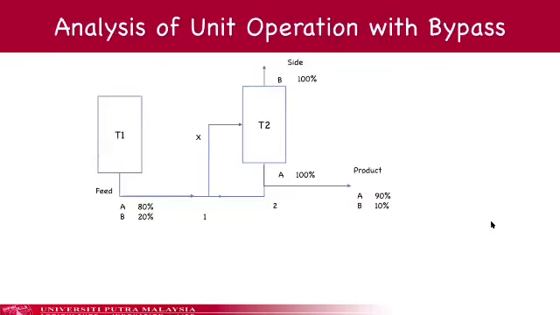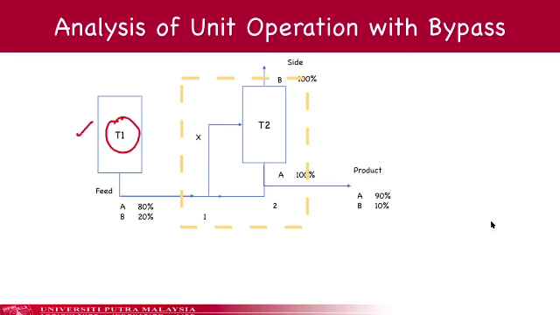All right, this figure shows a unit operation that operates with bypass. In this example, we have a feed material consisting of A and B, where A is 80%, whether mass per mass or mole per mole, and B is 20%. The feed comes from tower 1, which is our storage tank.